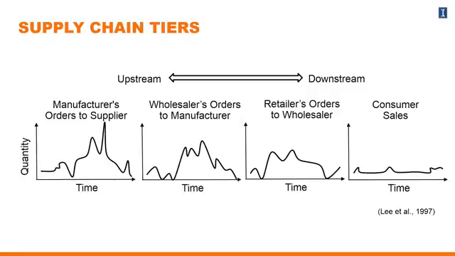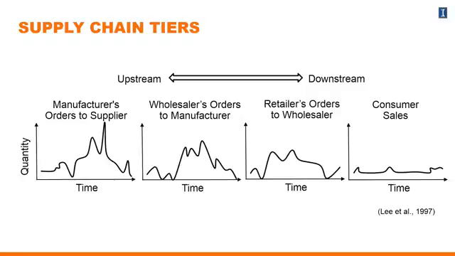The idea is that there's a time lag between when the customers actually purchase and when the order gets placed to the retailer, then to the wholesaler and the manufacturer, as well as a time lag in how the product flows back from the manufacturer all the way to the consumer. This bullwhip effect seems to occur.